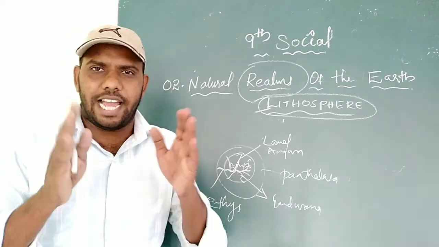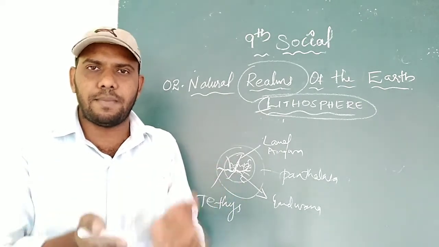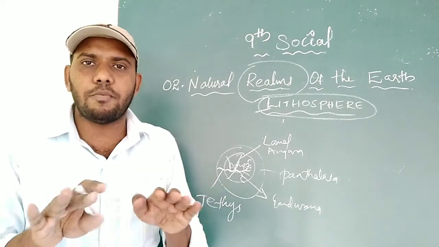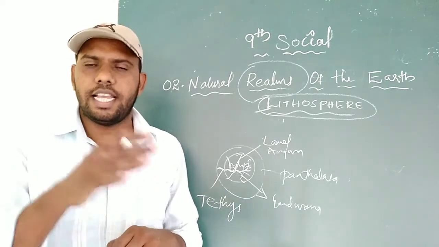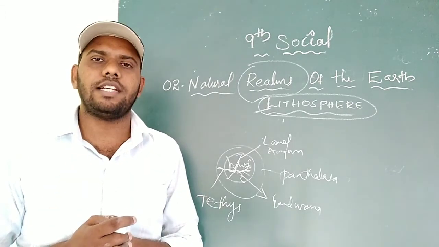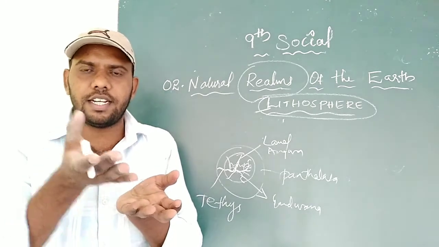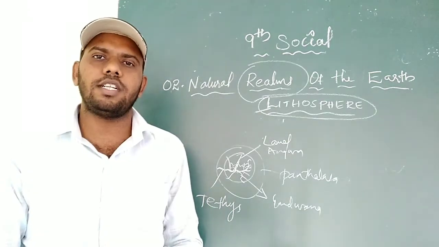Actually, the large continents and even the water basins and oceans are located on a large massive base of rocks. That large massive base of rocks is called plates. So what are plates?